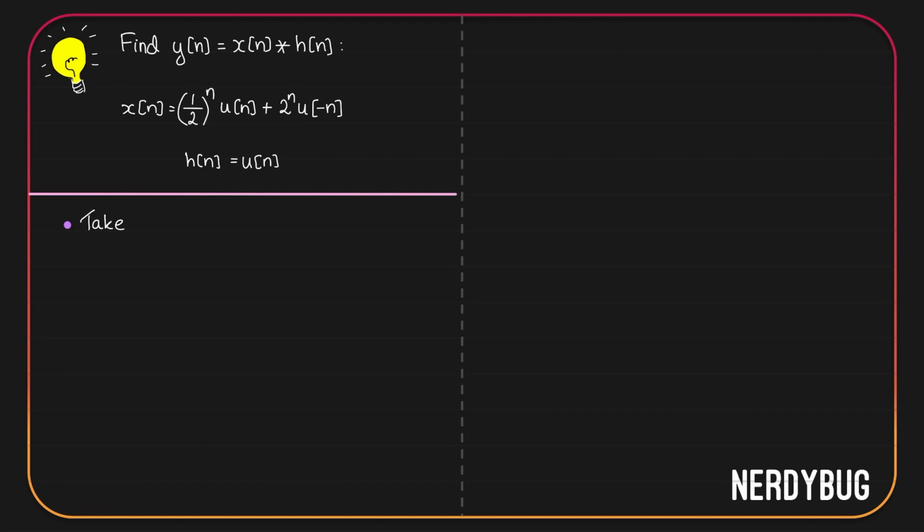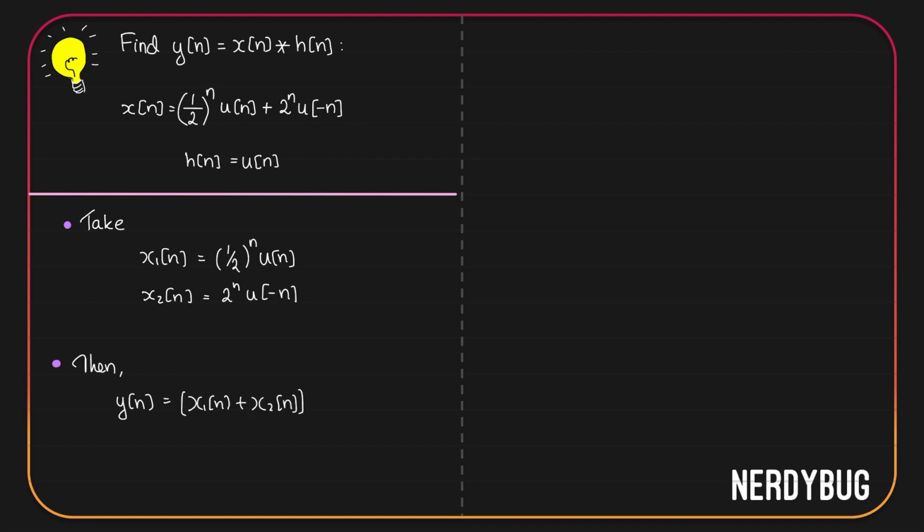Let us take x1(n) as (1/2)^n u(n) and x2(n) as 2^n u(-n). Then the output of this system can be written as y(n) is the convolution of x1(n) plus x2(n) with h(n).